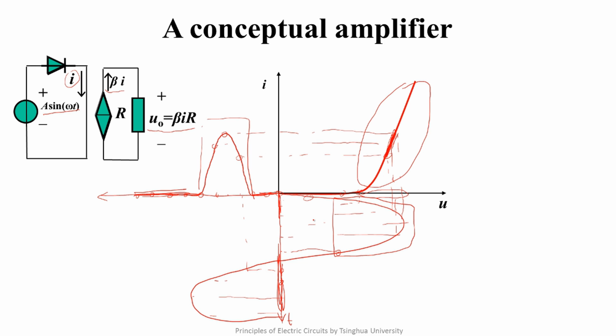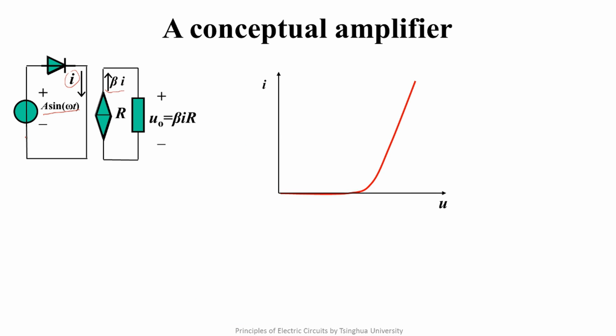Okay, let's take a look at it along this idea. We ensure that the entire input is in the conductive area of the diode. In the case where the input signal is not too large, how can it work as we expected? Look, on the basis of such a sine signal, we put a DC signal US.